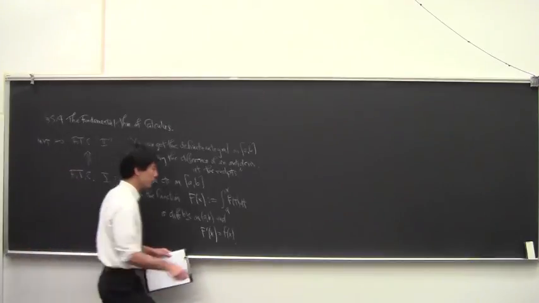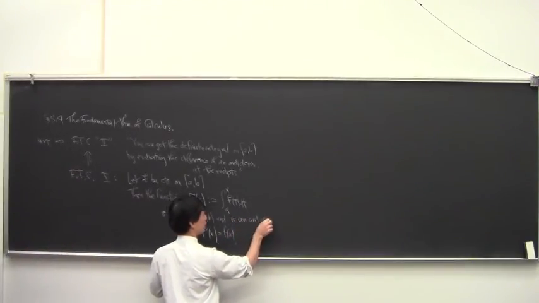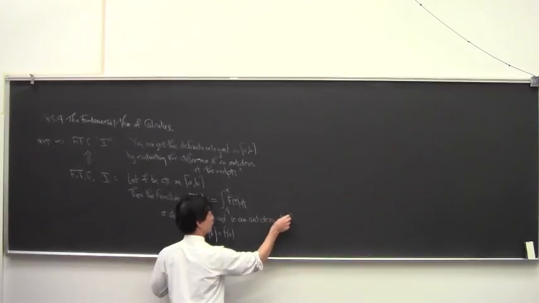In other words, big F is an antiderivative of little f.